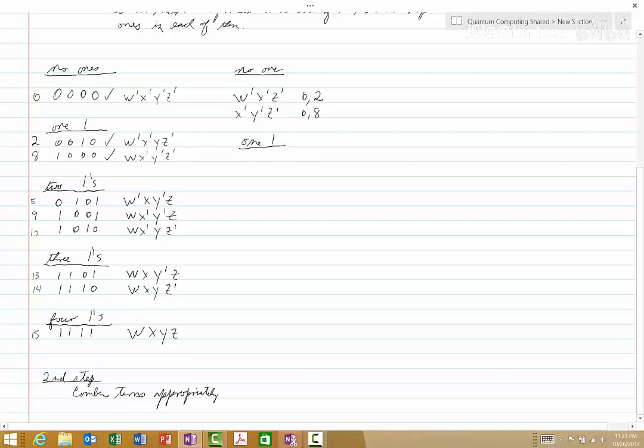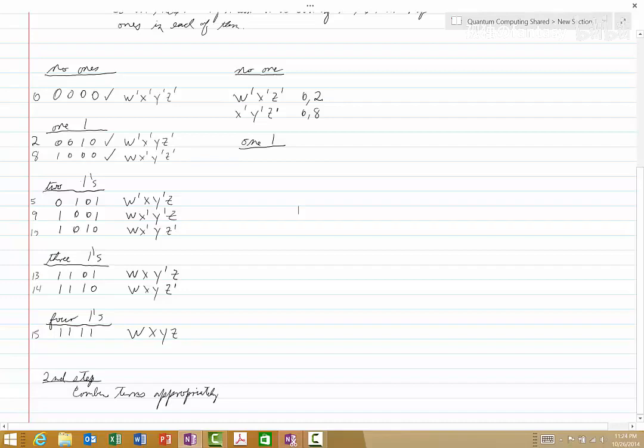Similarly, 2 and 9. The difference is 7. That's not a power of 2. So these two should not combine. And indeed, if you check them, they differ in the w position, the y position, and the z position. Again, they differ in w. They're the same in x, but they differ in y as well and z. So since they differ in more than one position, they cannot be combined.